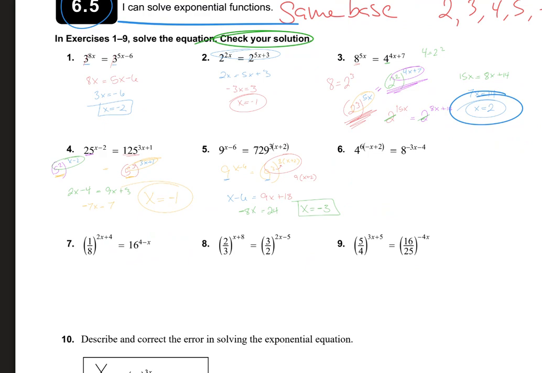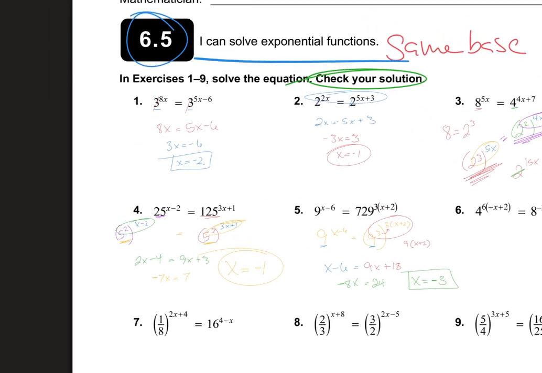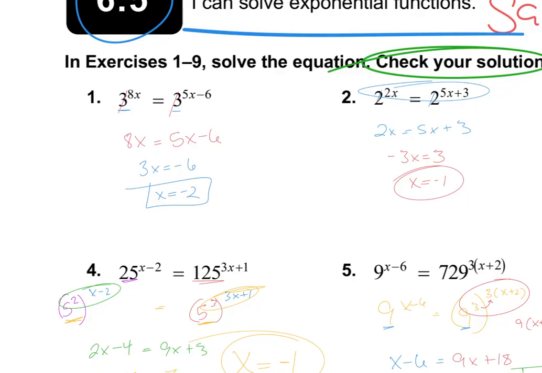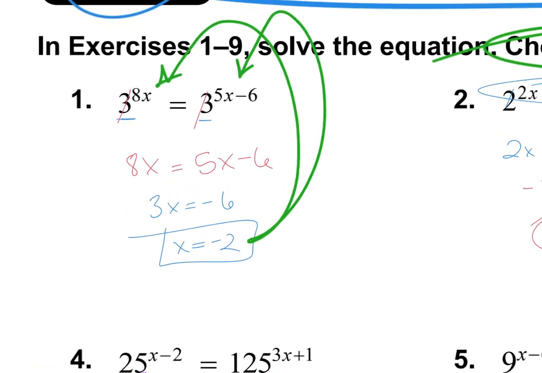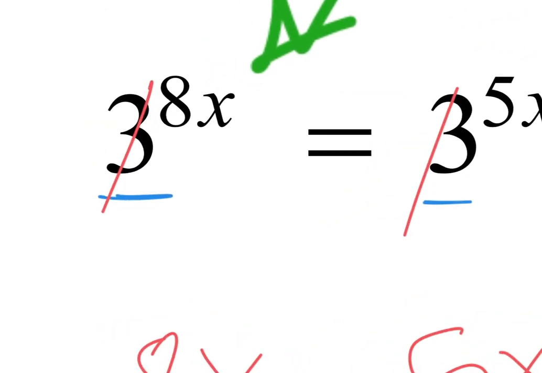But you know what? The point is, if you were going to check your solution, then you would take this negative 2 and you'd plug it in here and you'd plug it in here. So, for example, we could kind of do this in our head, but let's suppose we zoom in and we go, oh, hey, 8 times negative 2, that's negative 16.